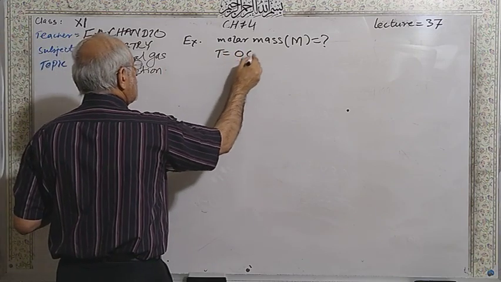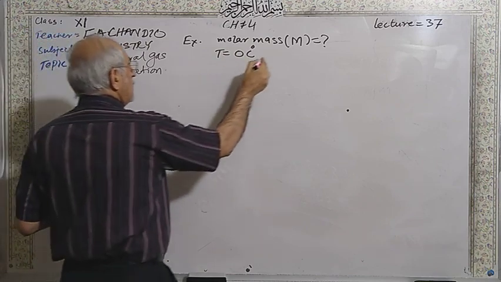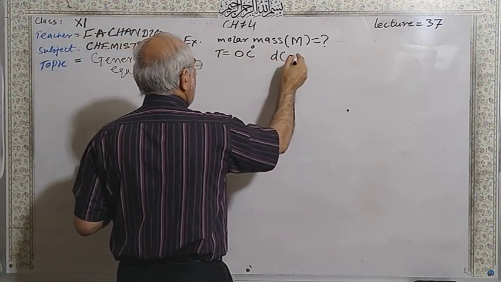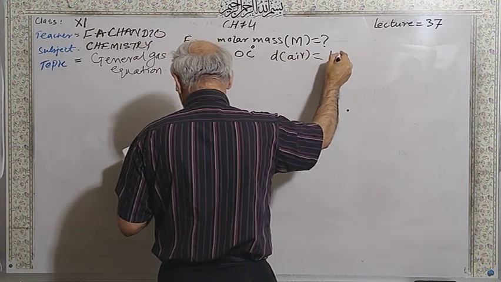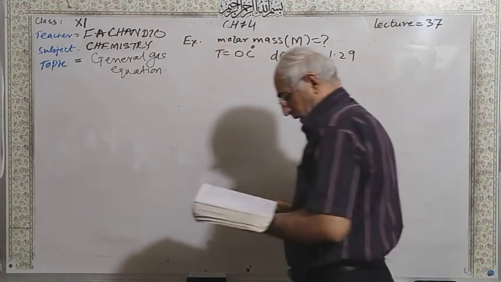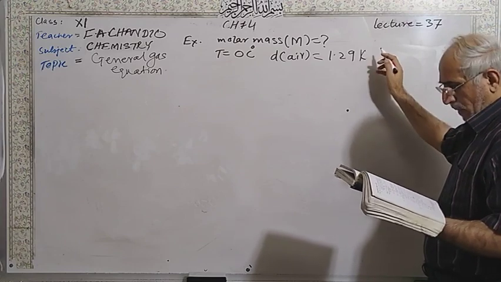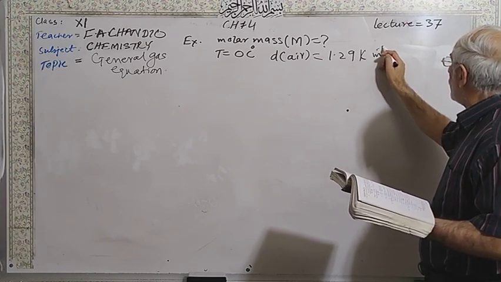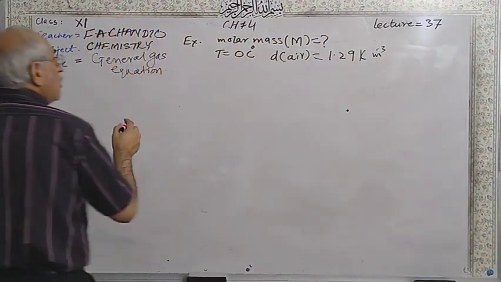Temperature is 0 degrees Celsius and the density of air is 1.29 kilograms per meter cube.